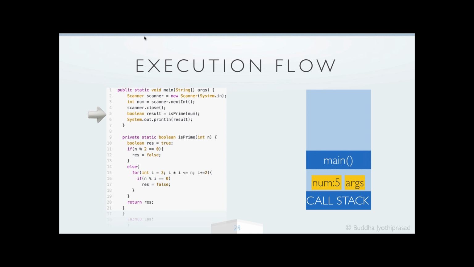And then when it encounters line number 5, here we are calling isPrime, right? So the execution of the main method gets halted at line number 5, and execution of line number 10 starts. In the call stack, isPrime becomes the latest location, the highest location. Because there is a parameter called n whose value is 5, a new variable is registered.